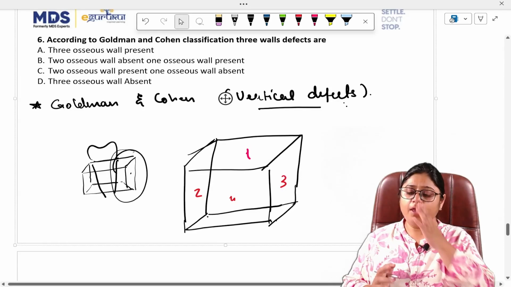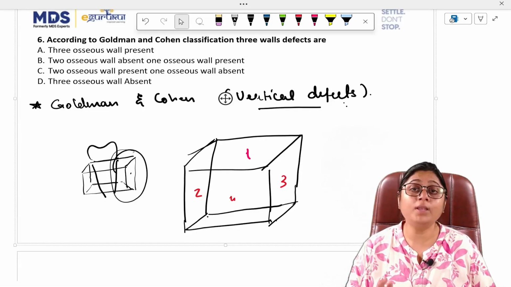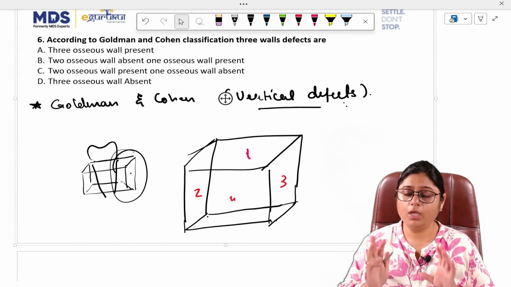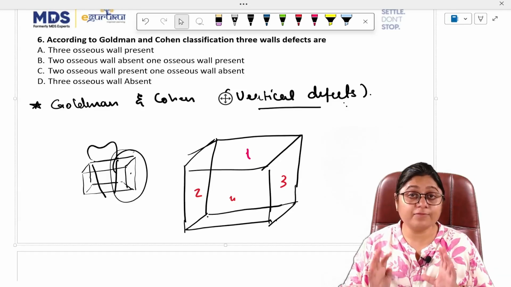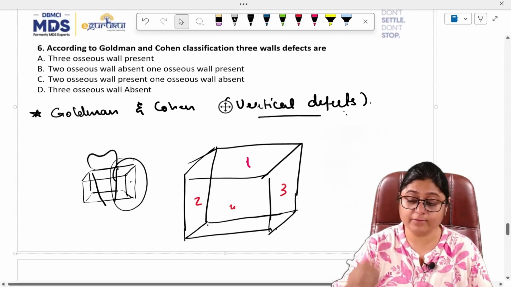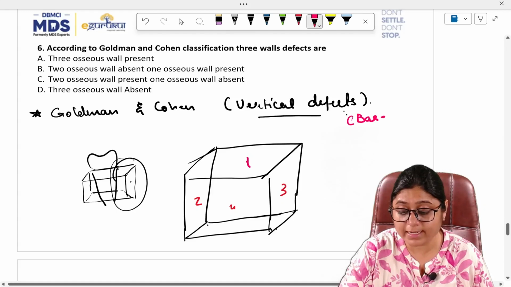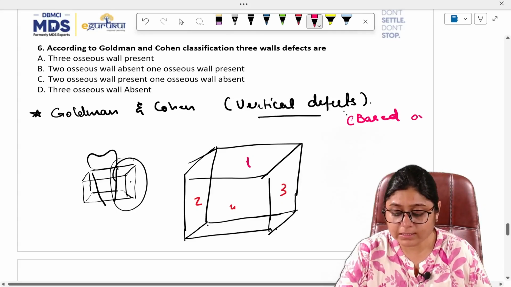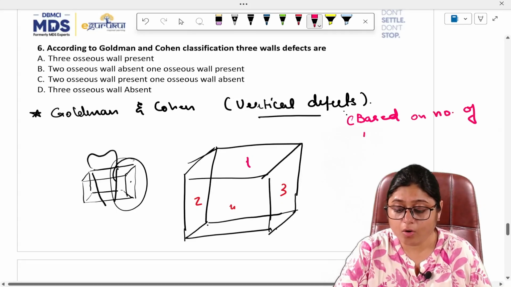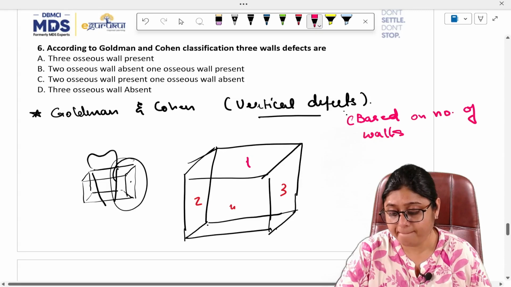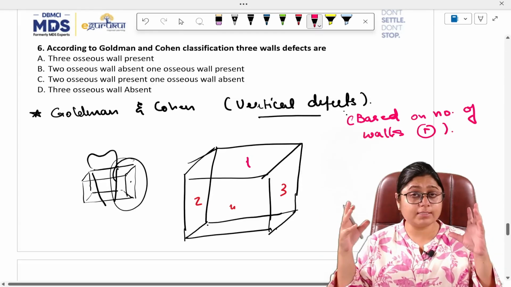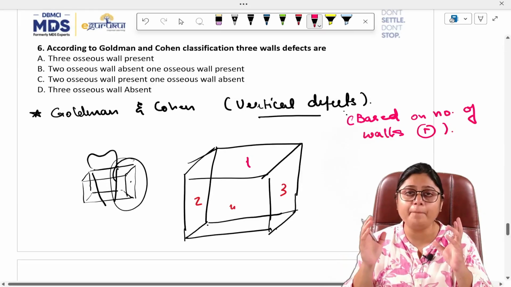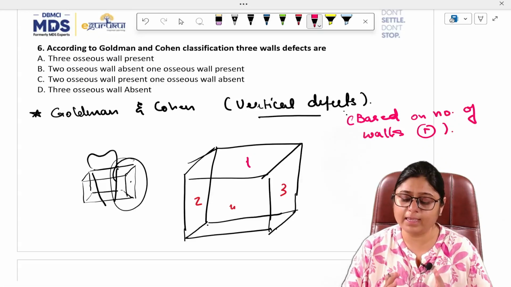Okay. So now if only one wall is present, Goldman classified the vertical defects based, this is very important because most of you will get confused in this, based on the number of walls present. So guys, keep in mind that based on the number of walls present, they gave the classification.